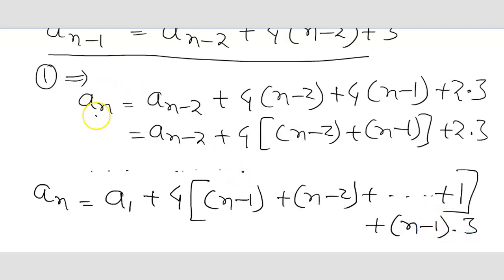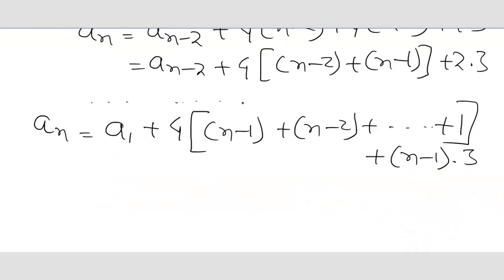See, when we write a_n in terms of a_{n-2}, that is two terms before, here is 2 into 3. Now we write a_n in terms of the first term, that is n minus 1 terms lesser, so here (n-1) into 3. It follows the pattern.